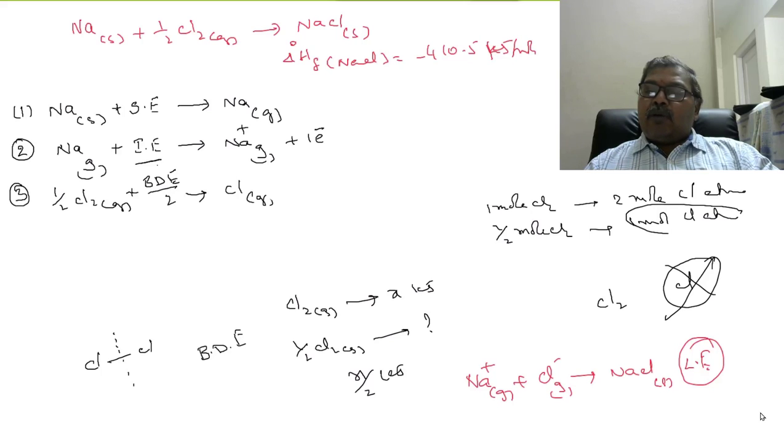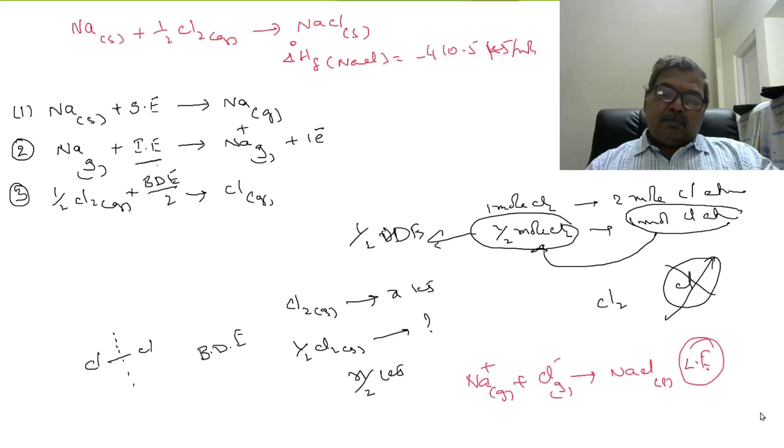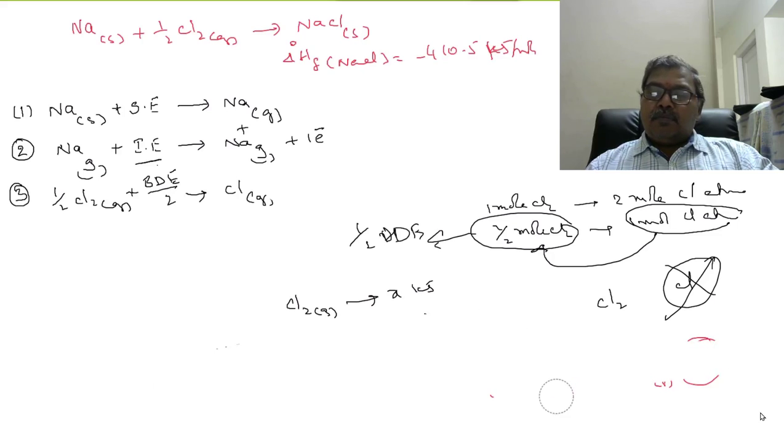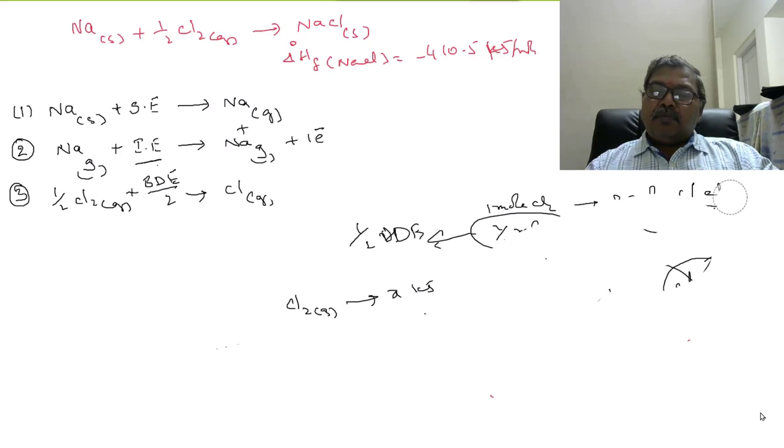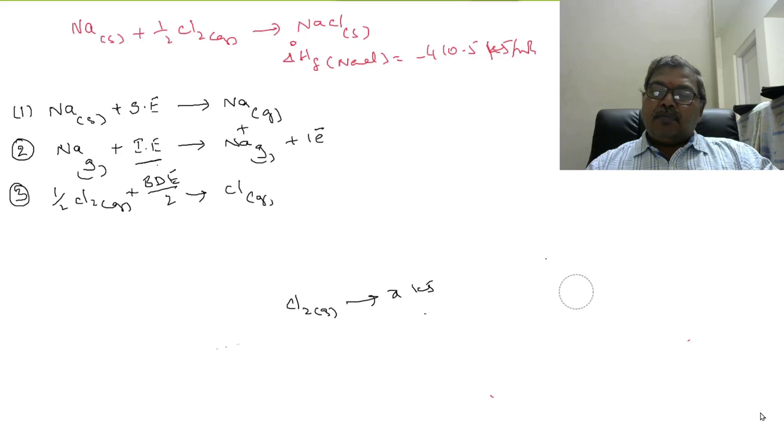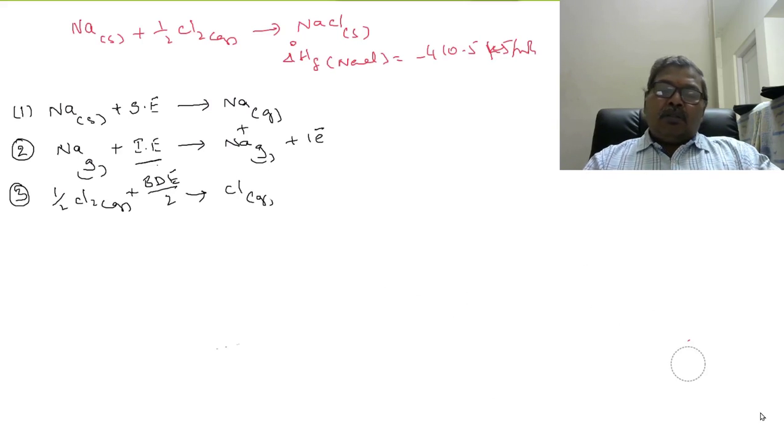So we require 1 mole chlorine atoms. Therefore, we have to take half mole chlorine. For half mole chlorine, half of BDE is required, right? Next, the third step is also an endothermic step.